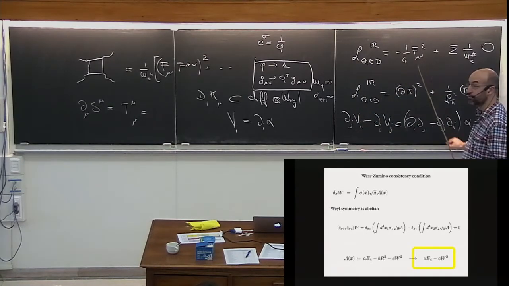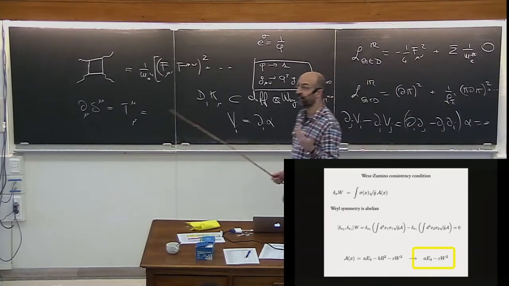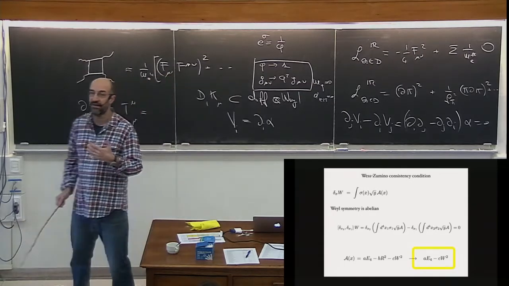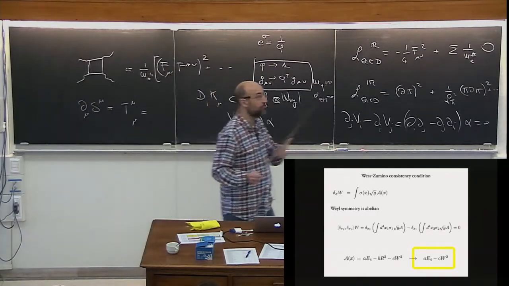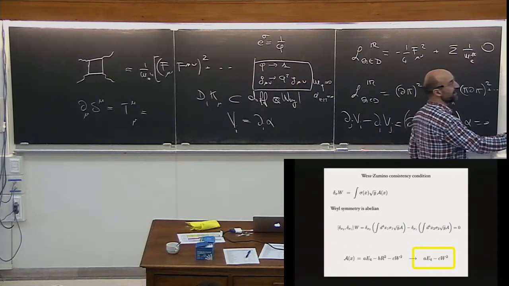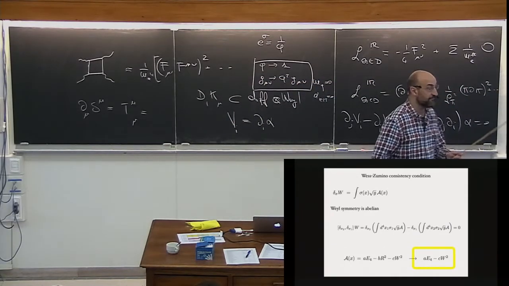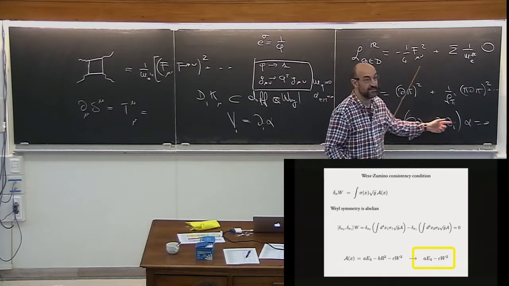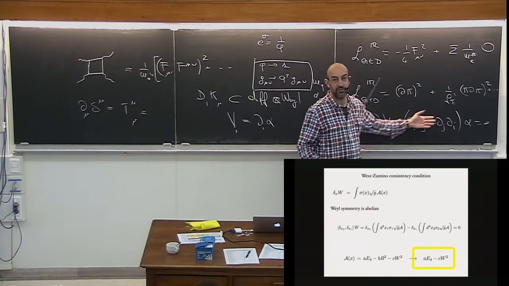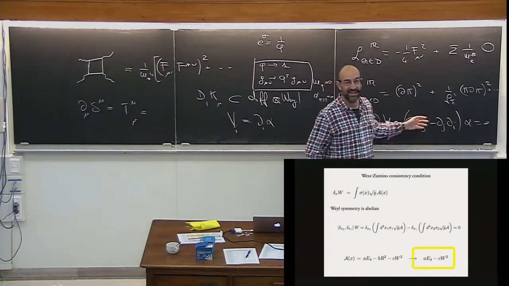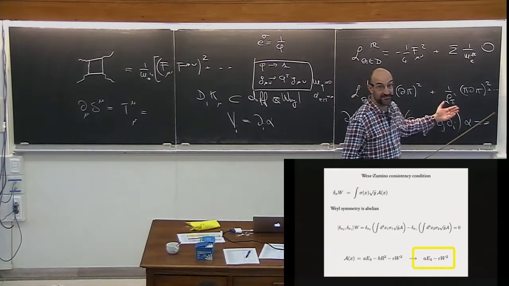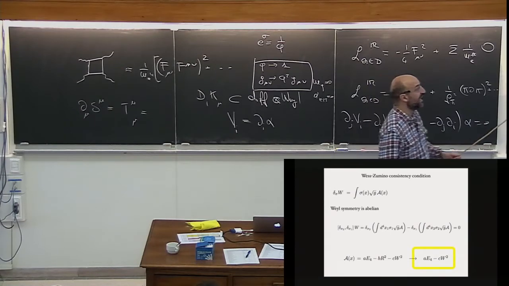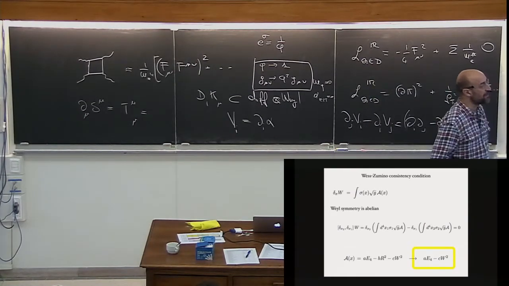These two commute, and the Weyl transformations represent an abelian group, so no matter in what order you do a Weyl transformation, the result is the same. Very much like translations in Euclidean space: translations commute, so you do first d_j and then d_i, and vice versa, you get the same result. That's one way to see it, and that generalizes to the case of functionals.